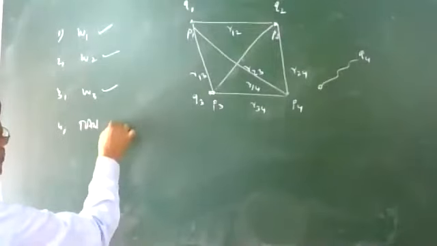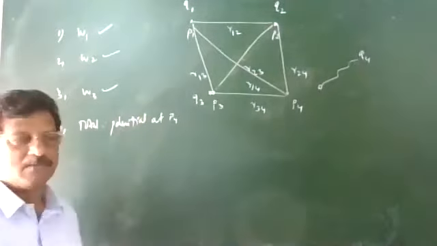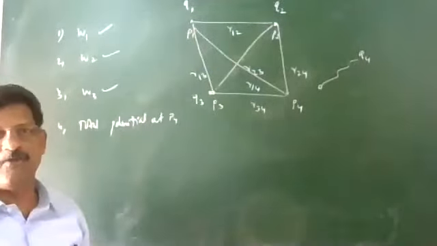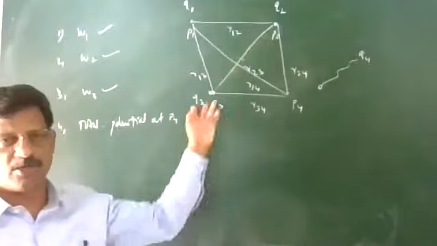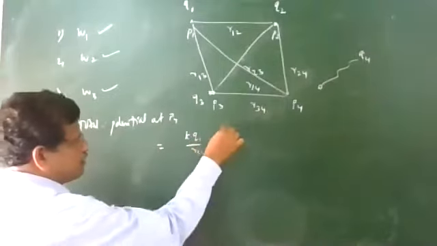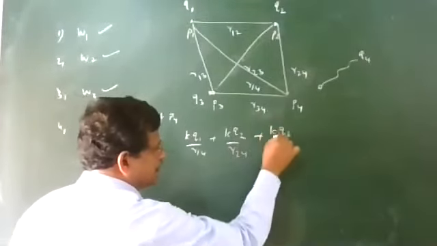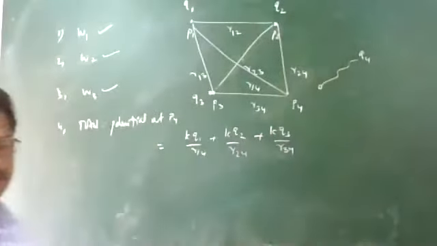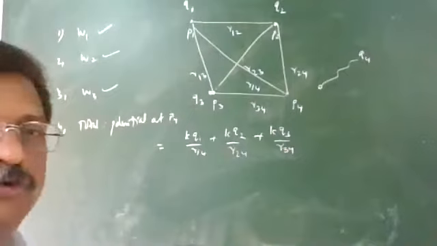First line, total potential at P4. Three charges are already there. They all will produce total potential. So that is equal to potential by first one, potential by second one, potential by third one: K Q1 divided by R14, K Q2 divided by R24, K Q3 divided by R34. All other three charges produce potential at the point P4. So this is the total potential at the point P4.